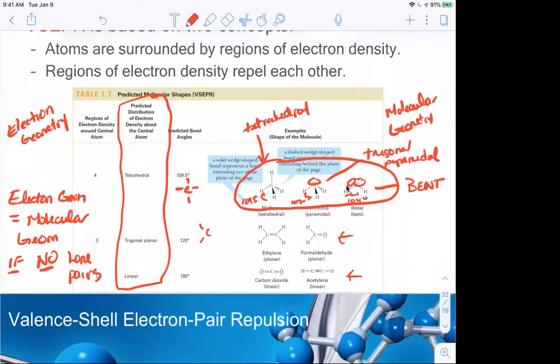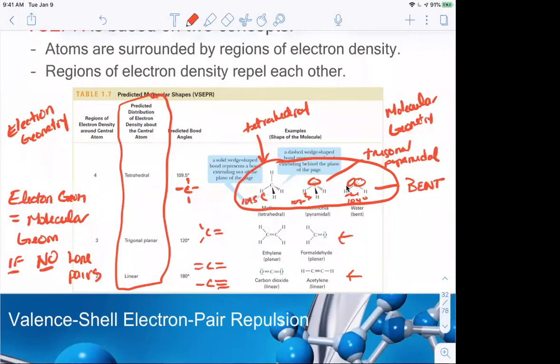If I have a carbon with a double and 2 single bonds, I have trigonal planar geometry. And if I have a carbon with 2 double bonds, or with a triple bond and a single, I want to make that generic, not a hydrogen. That is going to give me that linear geometry.